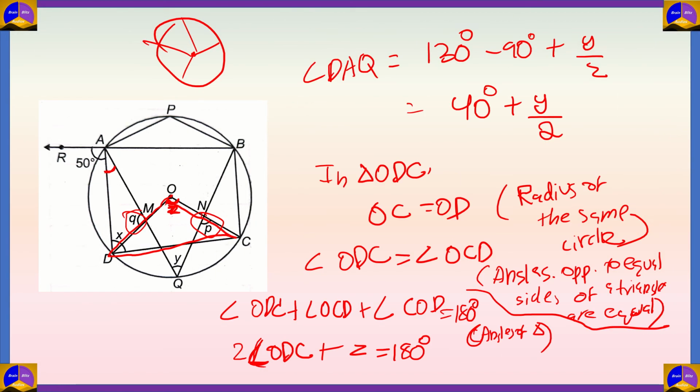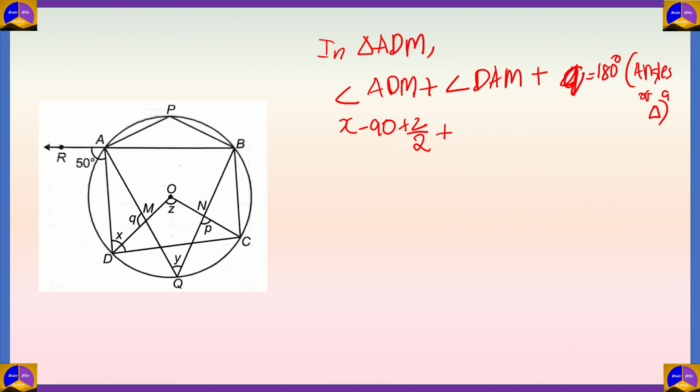And DAM, we have found, is the same as DAQ, which is 40 plus Y by 2. So this plus 40 plus Y divided by 2 plus Q gives us 180 degrees.